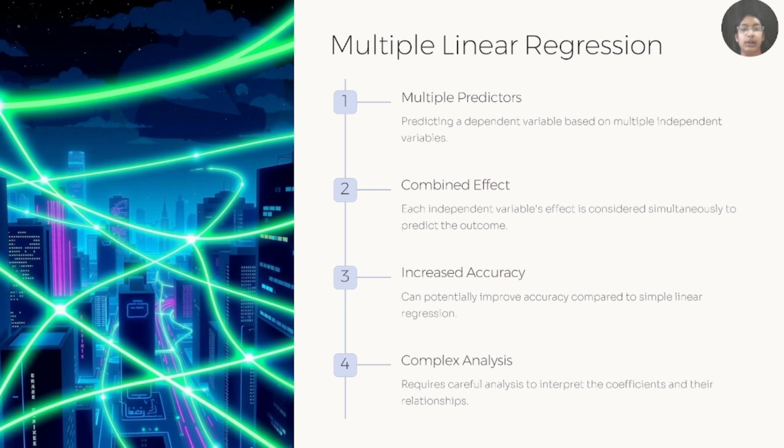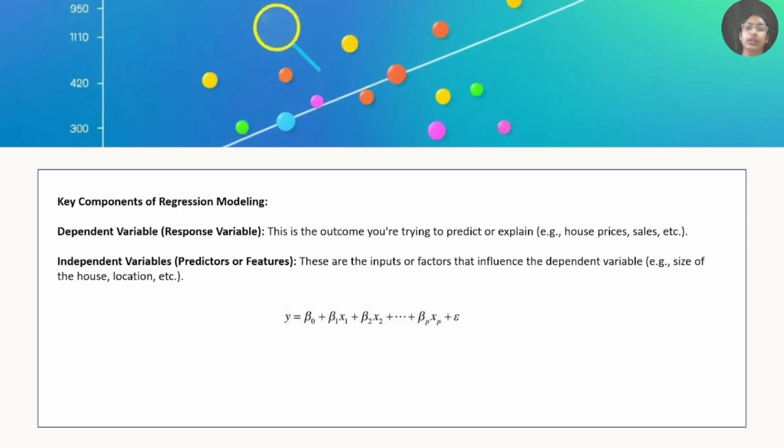So there are multiple predictors, and the combined effect is considered, because each independent variable's effect is summed. The accuracy is increased because we have the influence of several predictor variables, but it results in more complex analysis.